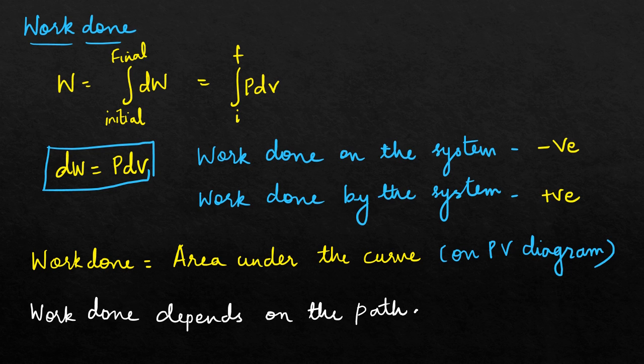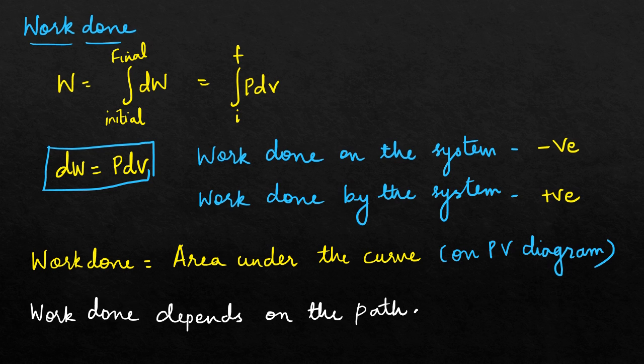One important thing is that the work done depends on the path. It depends on the path taken, not just on the initial or final position, but on the path it travels. We'll be seeing problems from the PV diagram, the TS diagram, temperature and entropy, and all those.